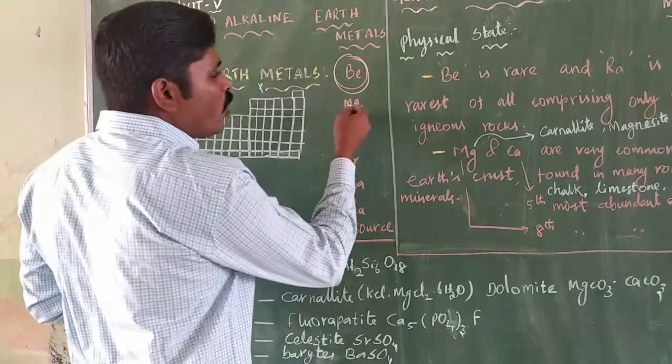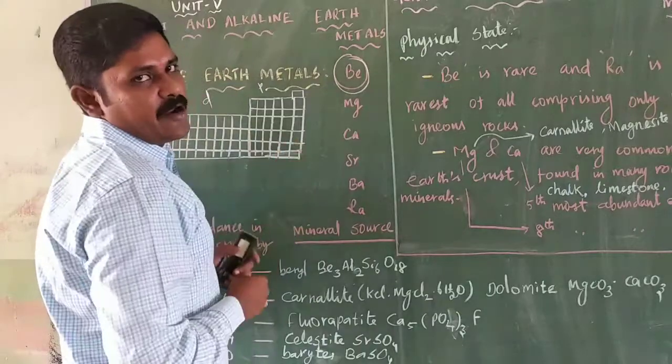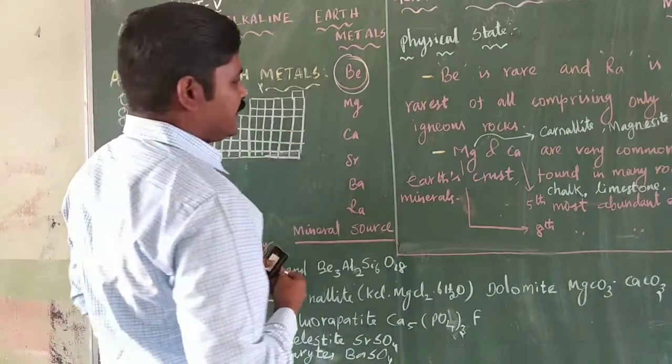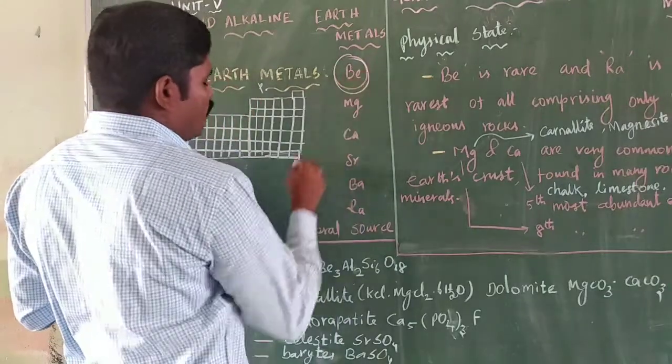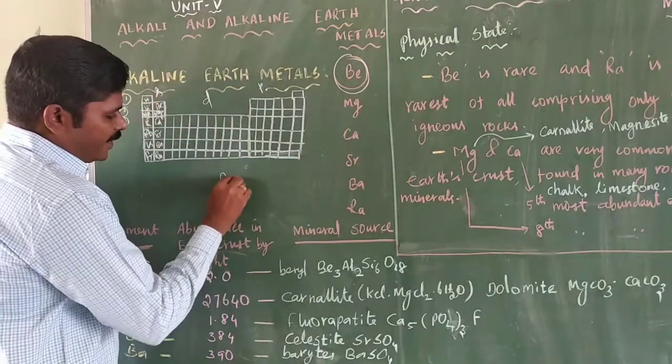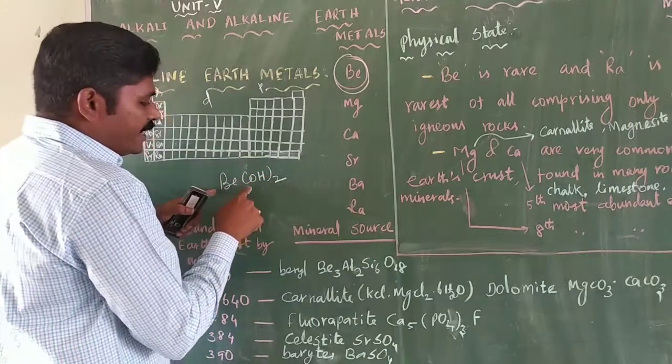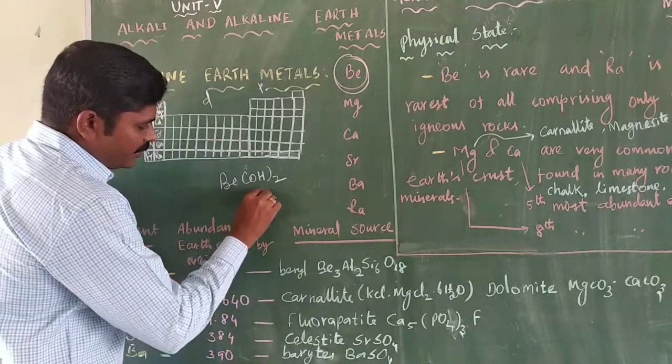Right? So magnesium oxide and magnesium hydroxide dissolve in water, so they are basic in nature. Except beryllium. Why?